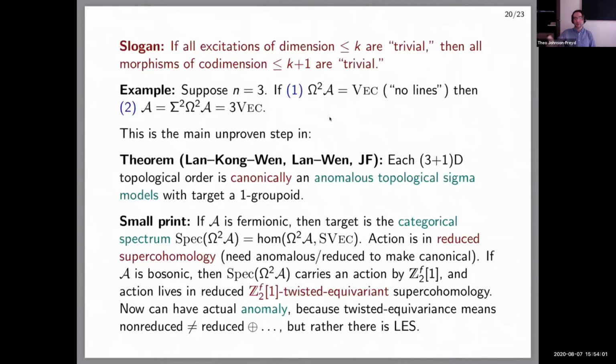So these are bosonic theories where the electrically charged particle is an emergent fermion, and the anomaly is basically a 5-dimensional Stiefel-Whitney class. It's like W2 times W3, I think, is the anomaly.